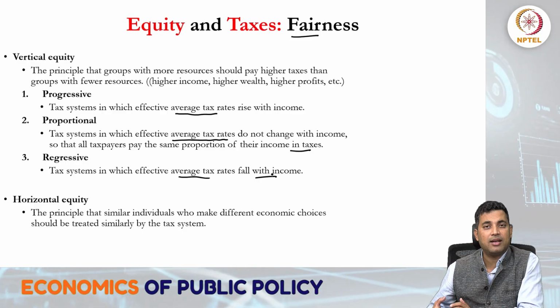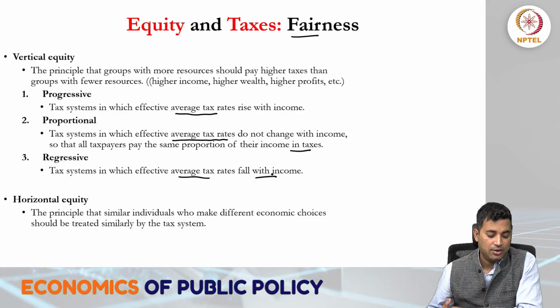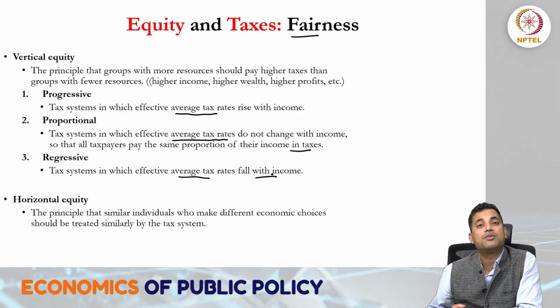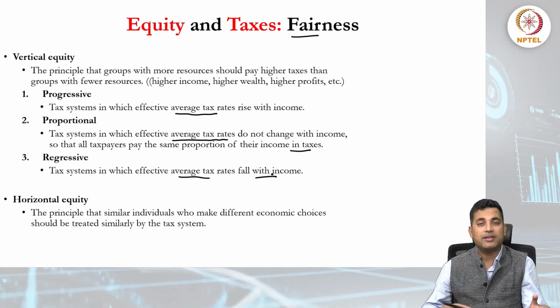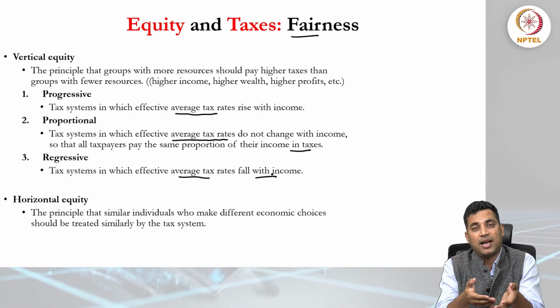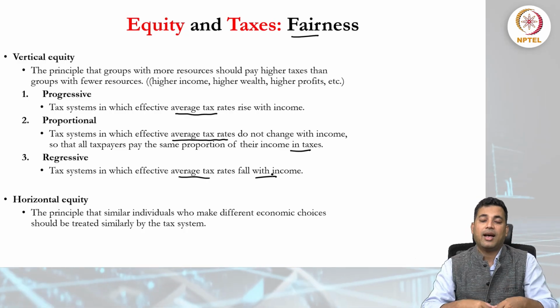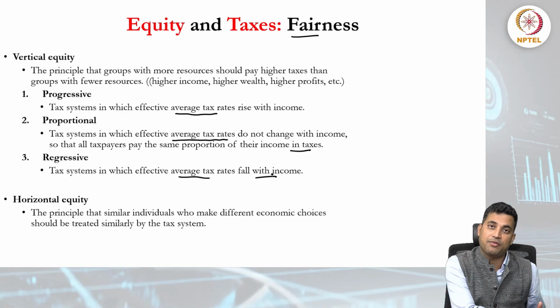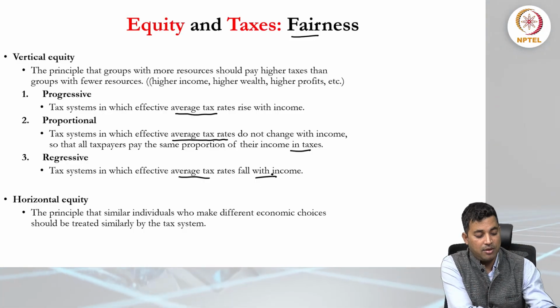So irrespective of their social identity or social groups, individuals will pay the taxes accordingly. This is the point we discuss when equity and taxes come together, and here we are talking about fairness in the taxation process.